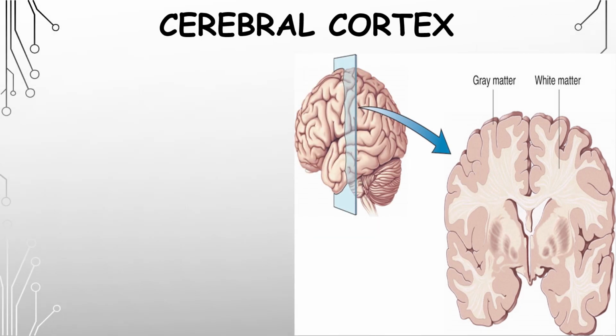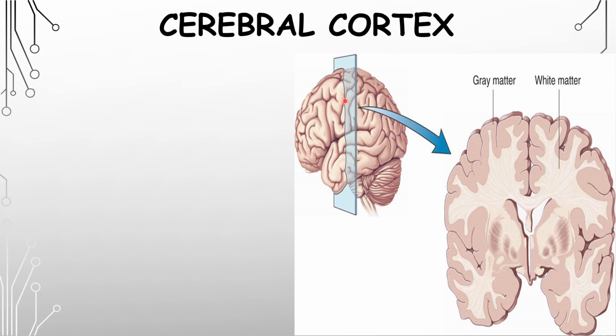The surface of the cerebral hemisphere is covered by a very thin layer of gray matter, which is called the cerebral cortex. This entire surface of the cerebral hemisphere is folded with intervening grooves or fissures.